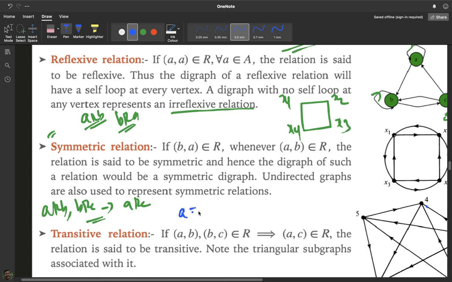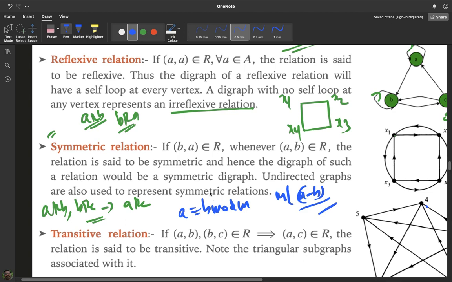If A is congruent to B mod M, it means that M divides A minus B, and we have done so many problems related to that in our discrete mathematics course. So this is also a transitive relation. We have studied examples of reflexive, symmetric and transitive relations.